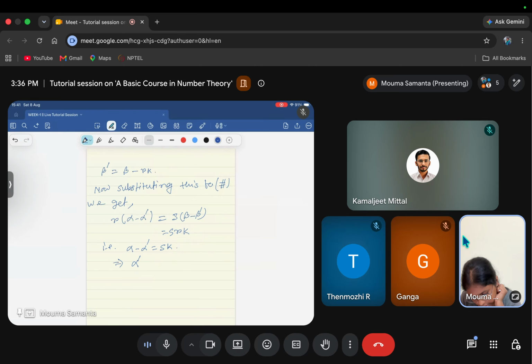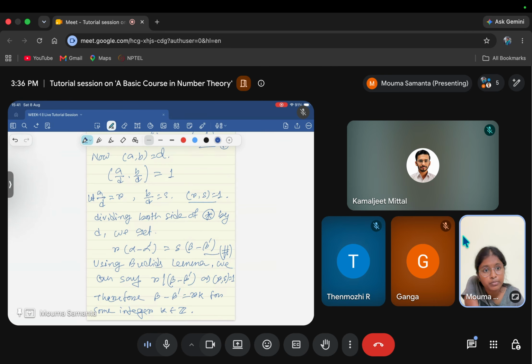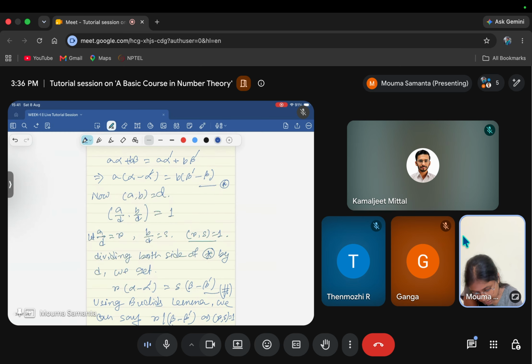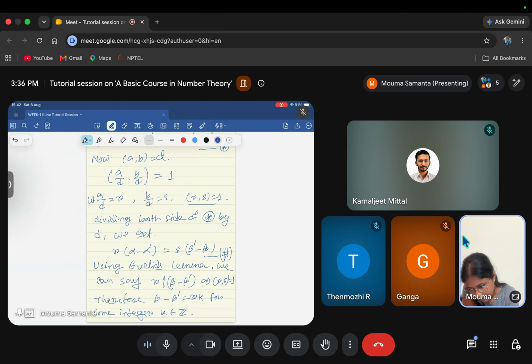I have done something wrong, right? What was that? Beta minus beta prime equals to RK. Oh, sorry. Here it should be beta prime minus beta. See here it was R times alpha minus alpha prime equals to S times beta prime minus beta. So what should we write here?